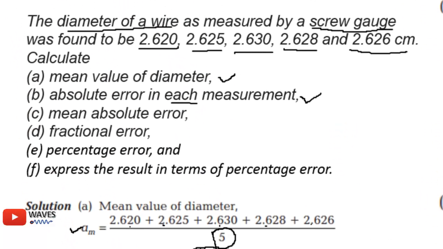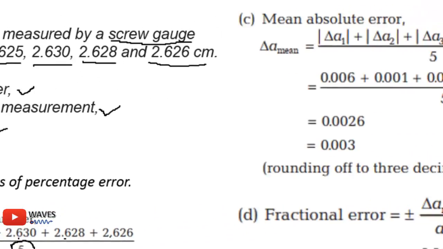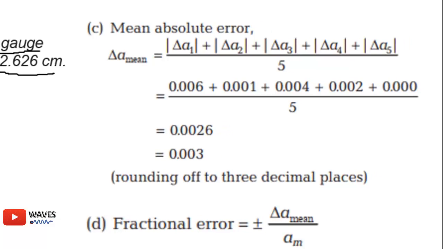Next, the following term is self-explanatory, because it talks about mean absolute error. So we have here 5 values of absolute error. If we take these 5 values, add them up and divide by 5, we are going to get the mean absolute error. Please note the term here is absolute error, and we are going to find the mean of that.